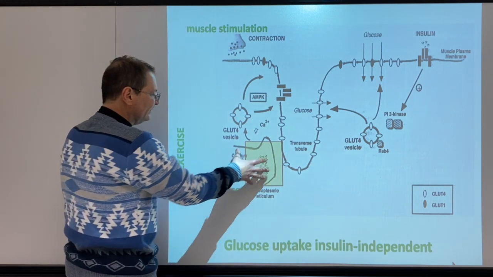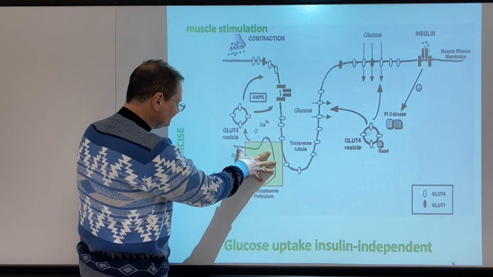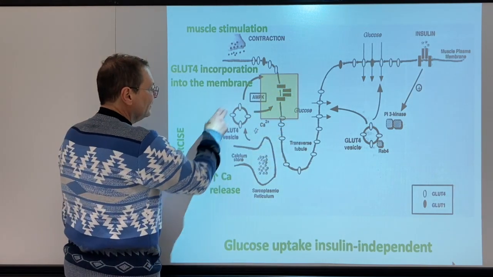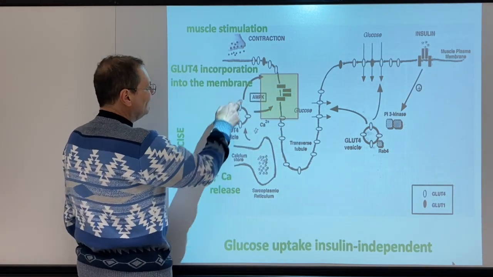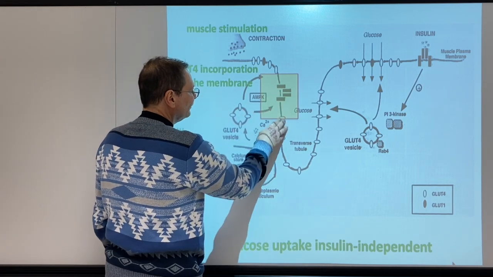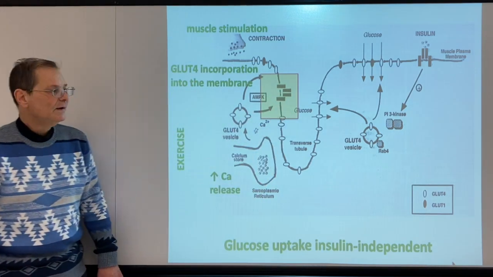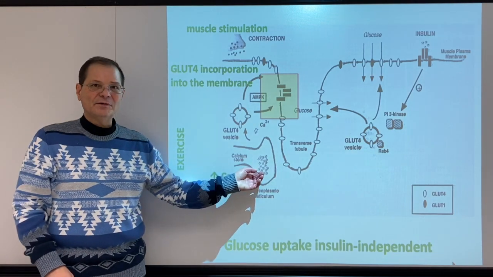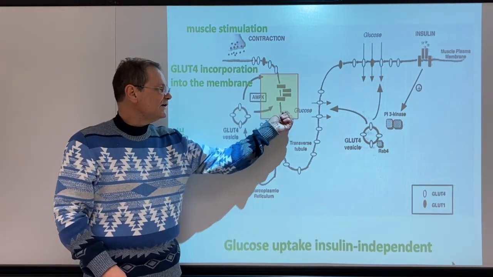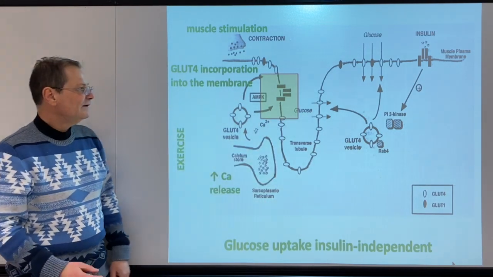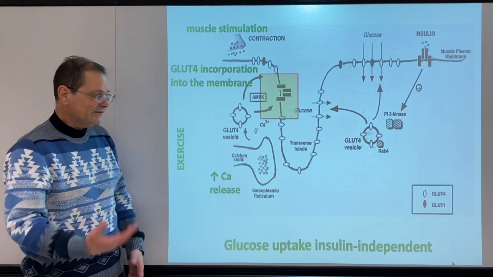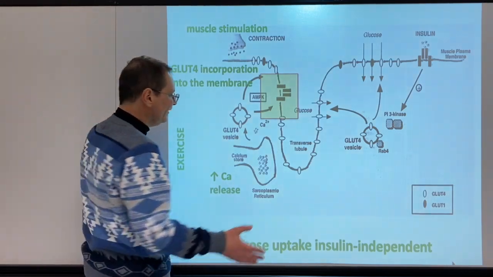So this increase in calcium in muscle will cause, through a hormone-independent mechanism, glucose transporters to be incorporated into the membrane. So because you've got more calcium release in your muscle, that calcium is causing more incorporation of glucose transporters into the membrane. And this is insulin independent, which means insulin can go down, and this still happens.